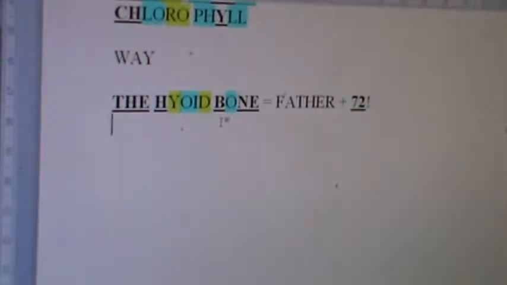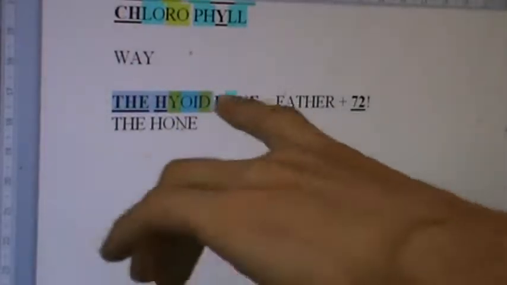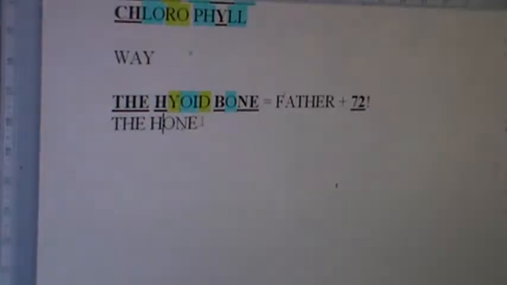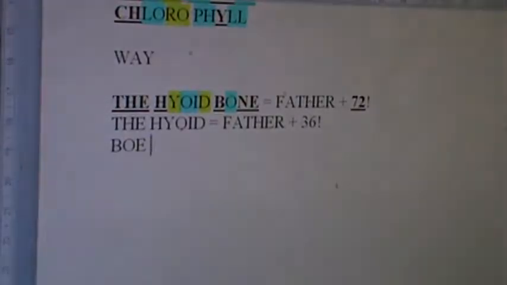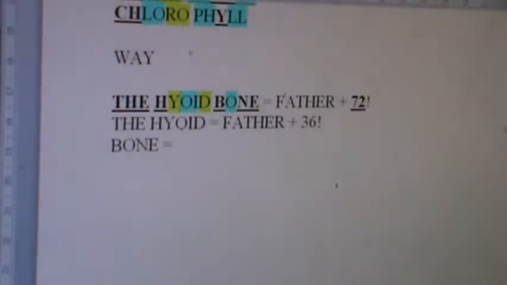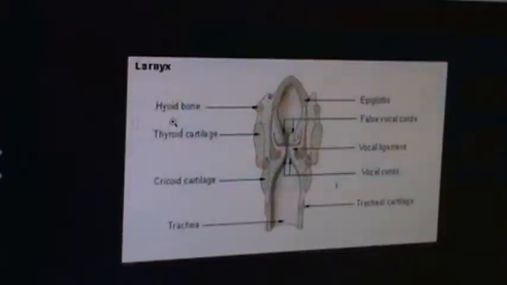That, to me, is so cool. So the hyoid equals Father plus 36, and then bone adds the other 36. There's your gorgeous flawlessness for Father in the hyoid bone.